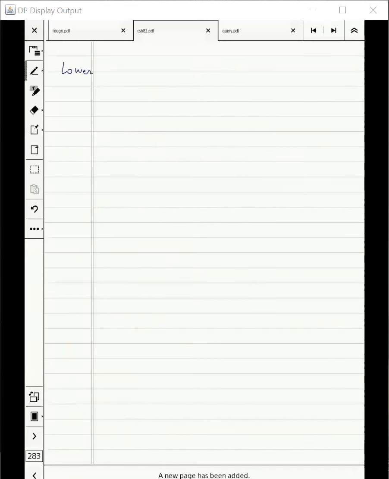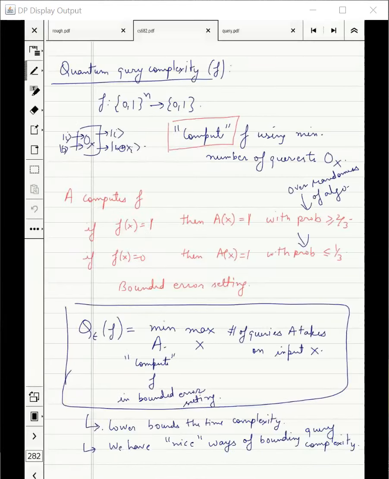Like the blue box that you made? Sure. Is the notion of A computing F clear? No, sir, actually. So this is coming from our original definition. We talked about randomized algorithms. We said that an algorithm computes a function F if whenever the function value is 1, the algorithm should also answer 1 with high probability.